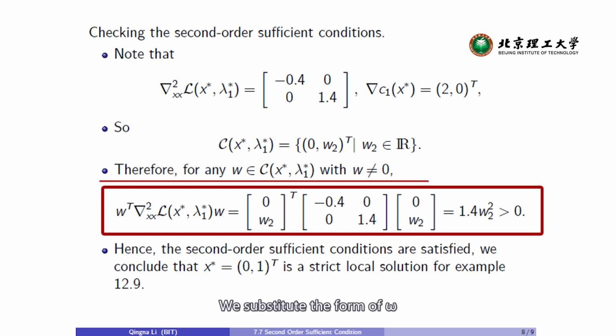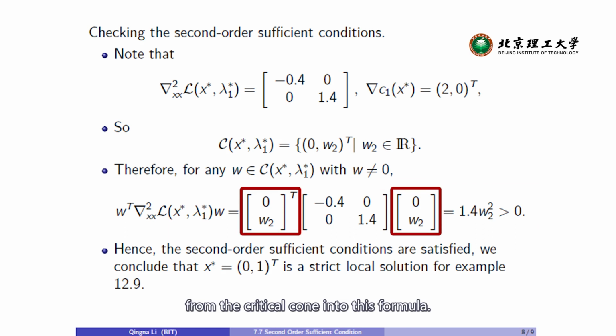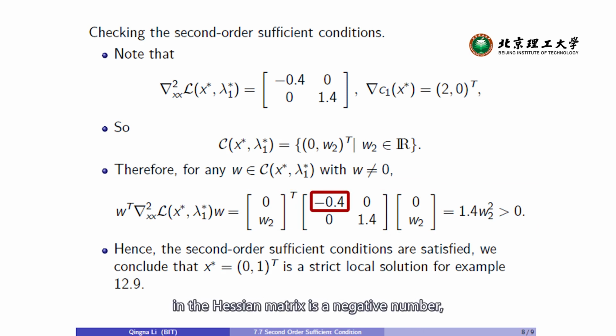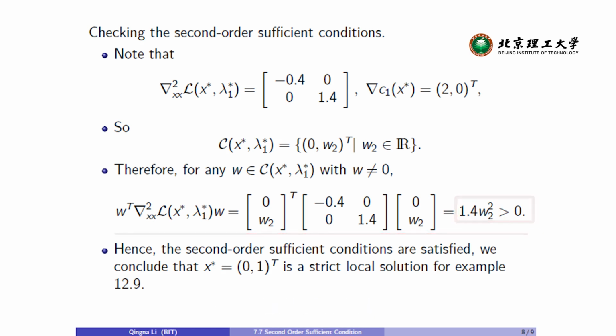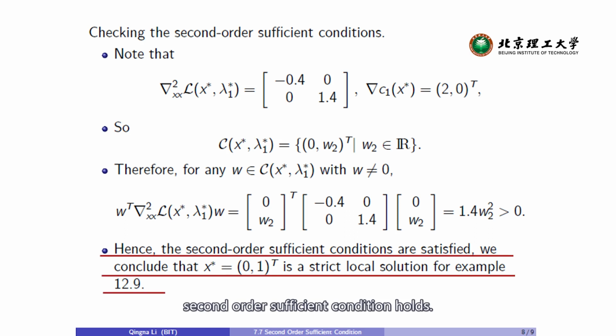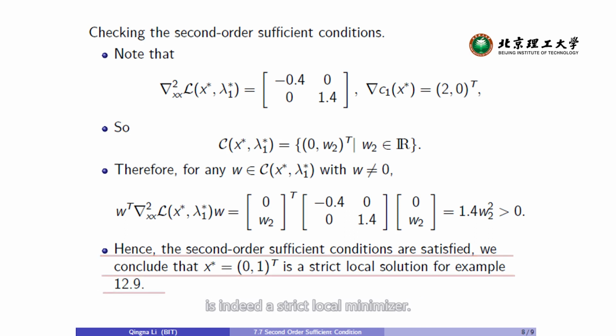We substitute the form of omega from the critical cone into this formula, and we can see that although the first diagonal element in the Hessian matrix is negative, the multiplication cancels it out, and we reach a strictly positive number. In other words, the second-order sufficient condition holds. Therefore, x star is indeed a strict local minimizer.